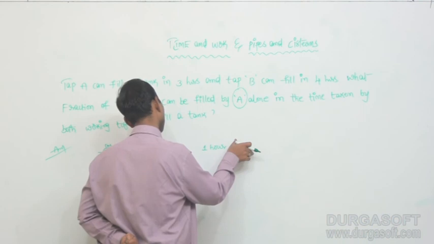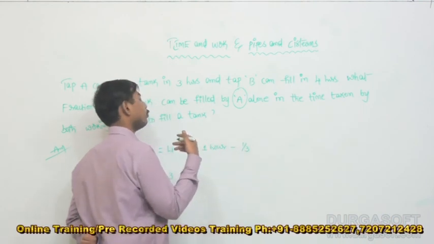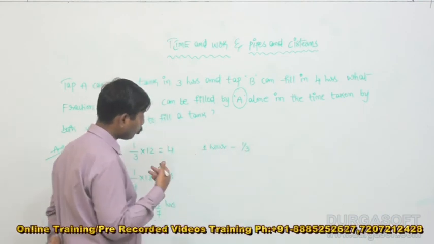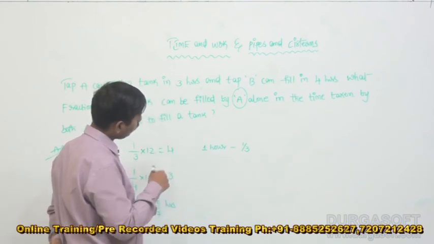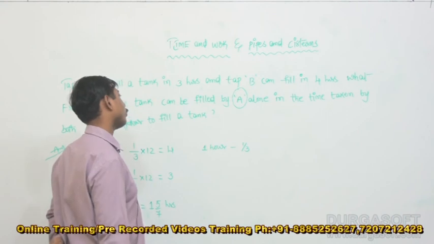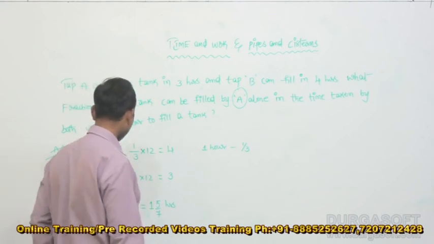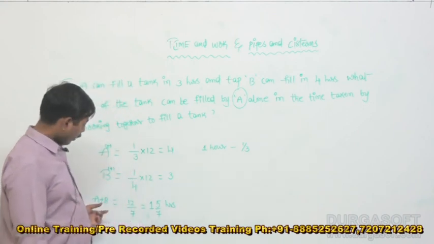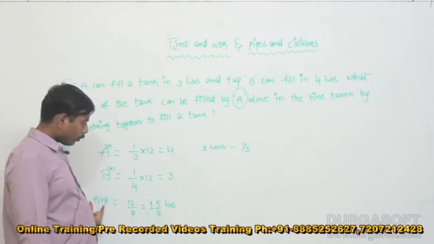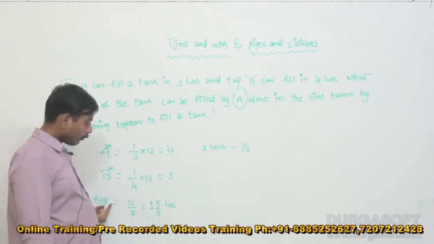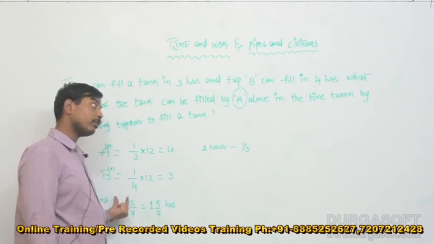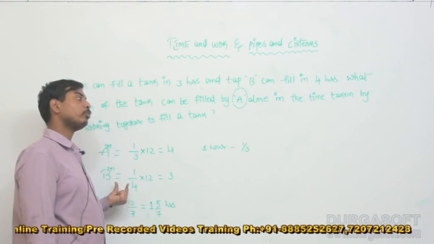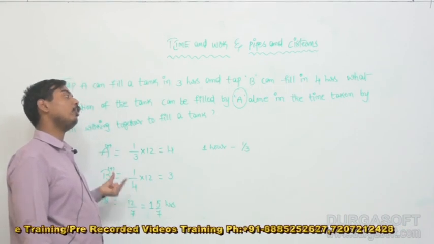Now, how much of the tank can pipe A fill if A and B are working together? What was the time required? A and B working together can fill the tank in 12 by 7 hours. In these 12 by 7 hours, how much part of the tank could be filled by pipe A?